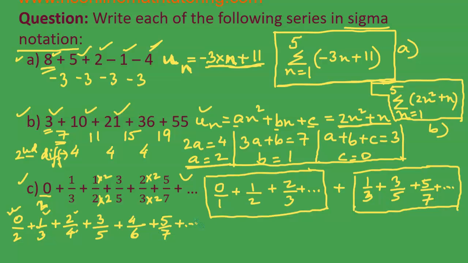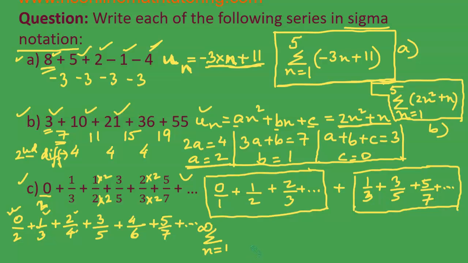So, this can then be expressed in sigma notation. And of course, since I am saying the term number, I can take any variable; I am taking n, and the first value of n is of course equal to 1. But what is the final value, because it is an infinite series? For an infinite series, the final value will be equal to infinity.